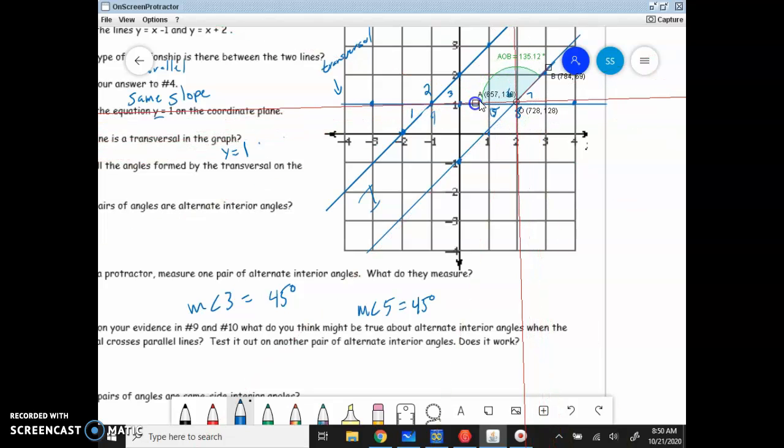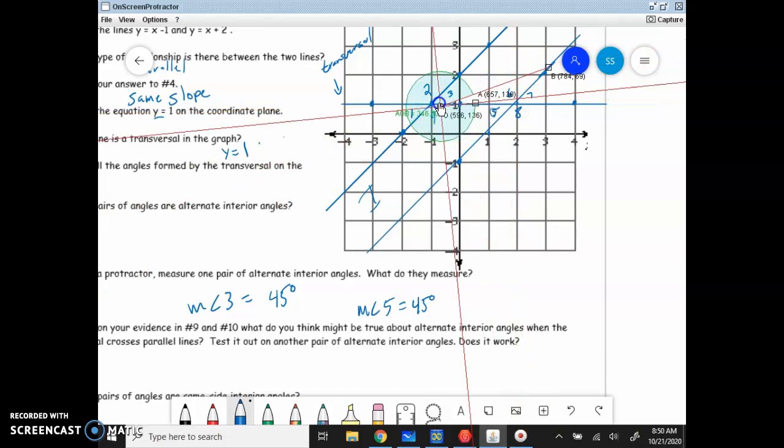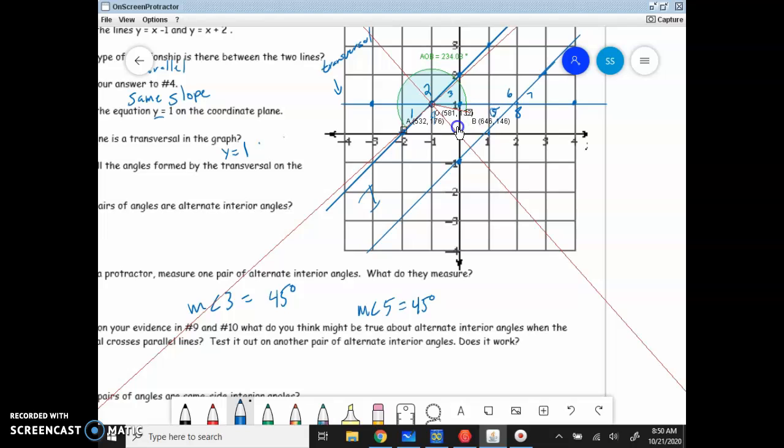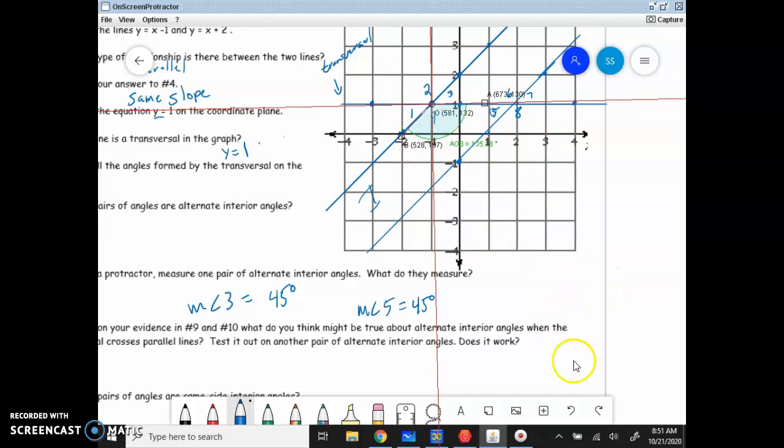Number 6 looks like about 135. Let's check number 4. Again, 4 and 6 are pretty close to the same measure. So what might be true about alternate interior angles?